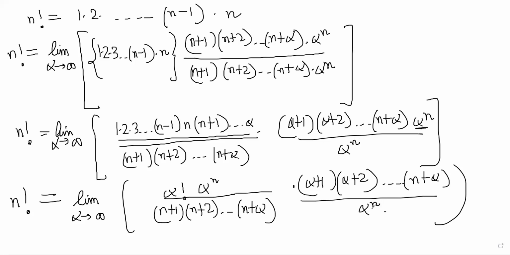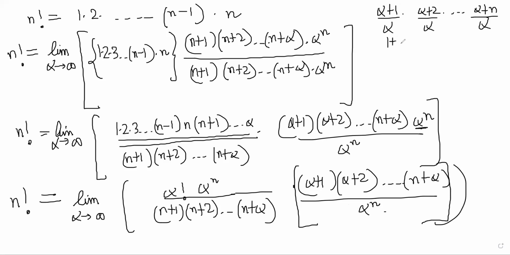Now, what is the benefit of all this? We can first of all realize that all the terms here will have limit 1 when alpha tends to infinity, because we can say alpha plus 1 by alpha, alpha plus 2 by alpha, and so on, alpha plus n by alpha. When alpha tends to infinity, this is 1 plus 1 by alpha, 1 plus 2 by alpha, and finally 1 plus n by alpha.